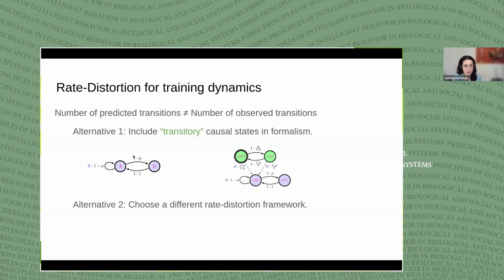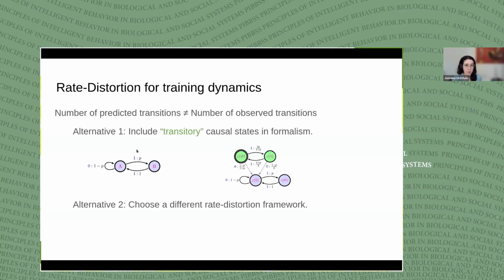And you can recognize the generative process here. These are our causal states, A and B, in purple. But there are additional states, and these are so-called transitory causal states, and they are necessary because in this optimal prediction structure, they are used to resolve ambiguities.